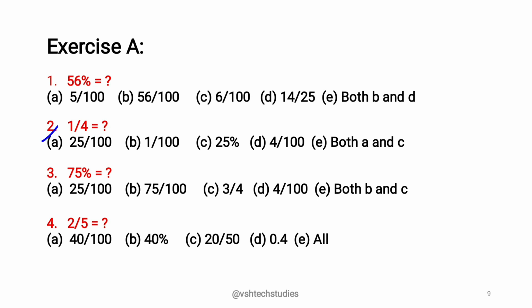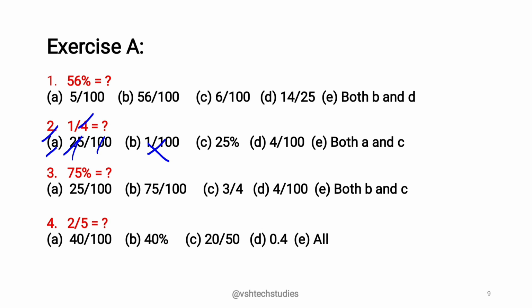Similarly, in second problem, 1 by 4 fraction is given. So if you take A option, 25 by 100, so 25 ones are 25, 25 fours are 100, it is 1 by 4. So A option is correct. 1 by 100 means it is 1%. 1 by 100 is the fraction, it is not equal to 1 by 4. This option is not correct.